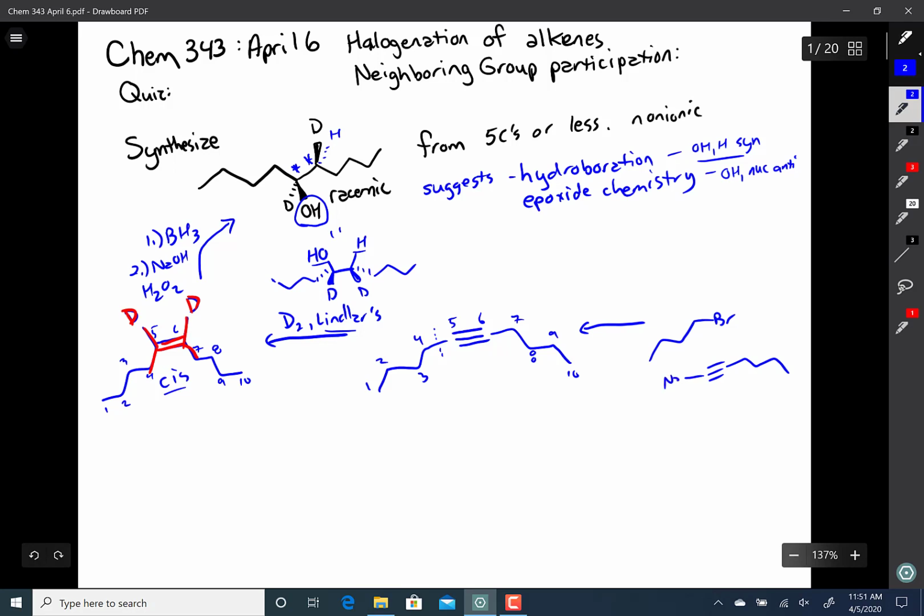The sp carbon gets a sodium. A lot of people were making a mistake. They weren't drawing this, but instead they were drawing it 1 carbon short. This is wrong. It's a triple bond to a sodium, and that, don't do.